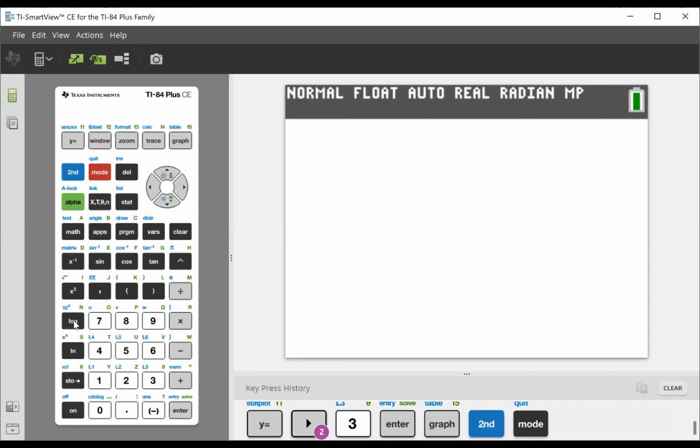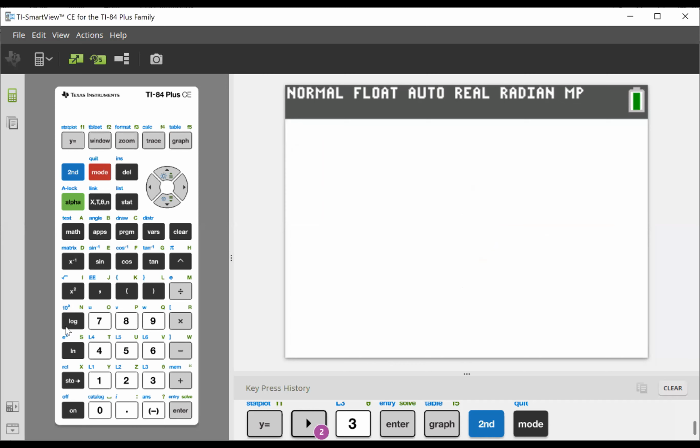Here is the log, and in the back panel of log is 10 to the power of x. The next button is ln, and in the back panel of ln is e to the x. This tells you the relationship between the common log and 10 to the x, and between the natural log and e to the x.